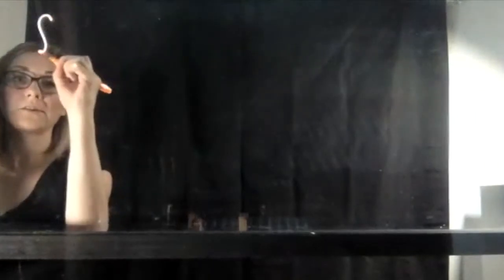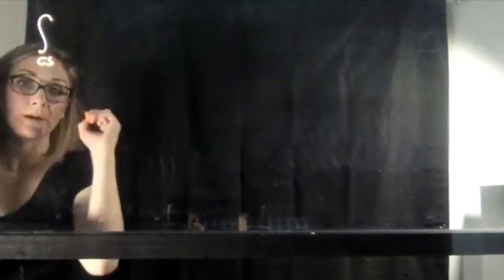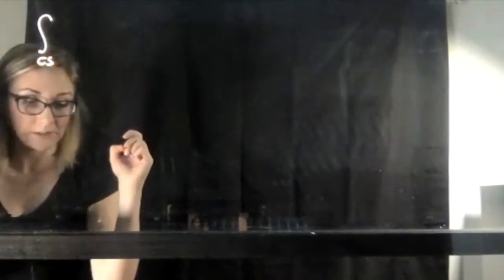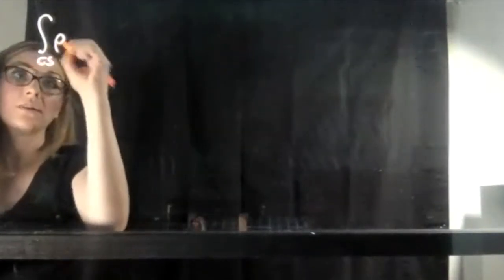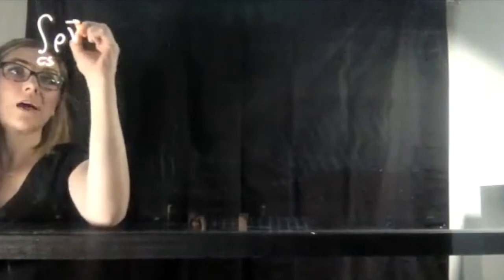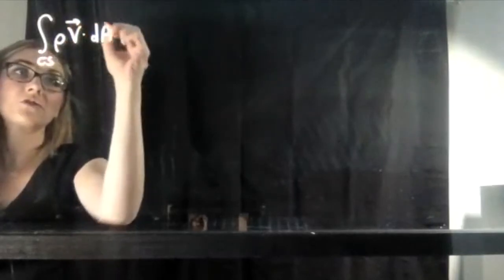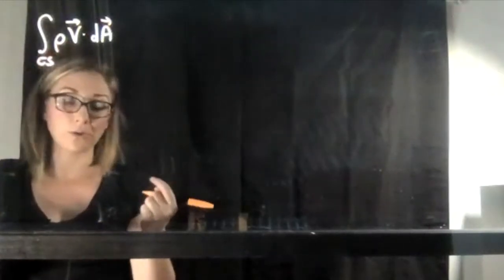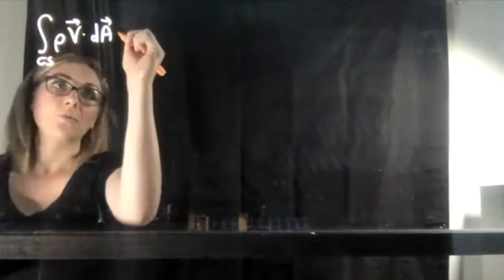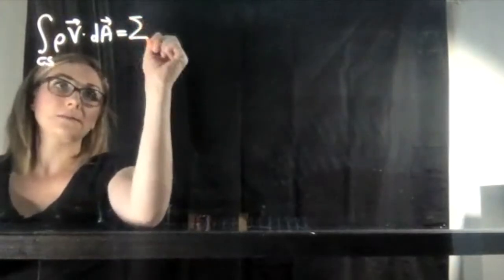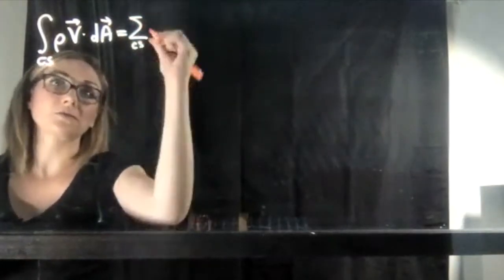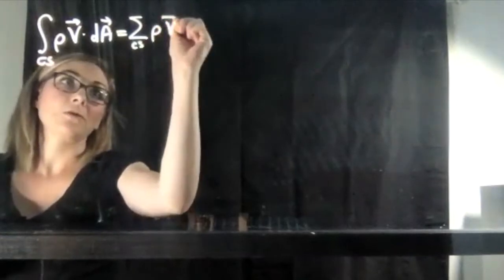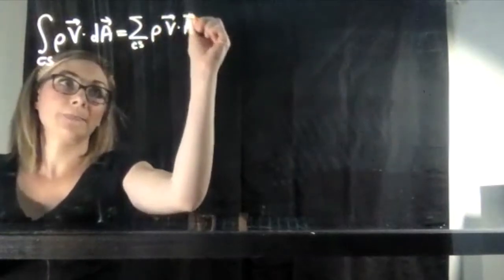We're looking at the control surface integral for the mass flux at the surfaces, which is the density and then the velocity vector dotted with the differential area. And if you remember, for an assumption of uniform flow when we did integral analysis, we could say that this was the summation over all the control surfaces of rho v dot A.